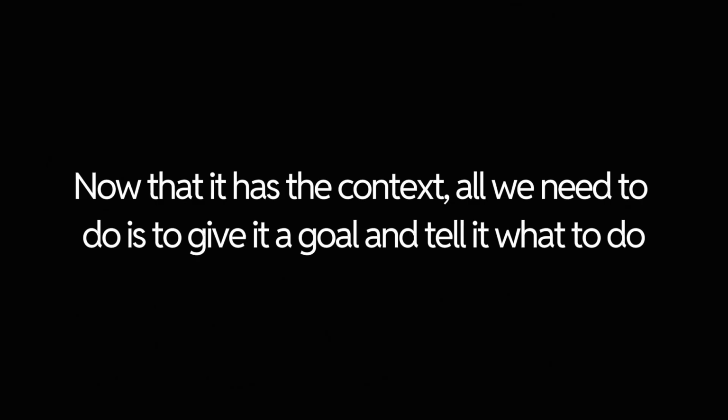Give some more space. Now that it has the context that it needs, all that we need to do is give it a goal. Basically tell it what we need it to do.